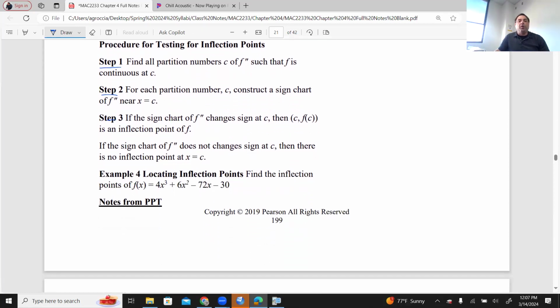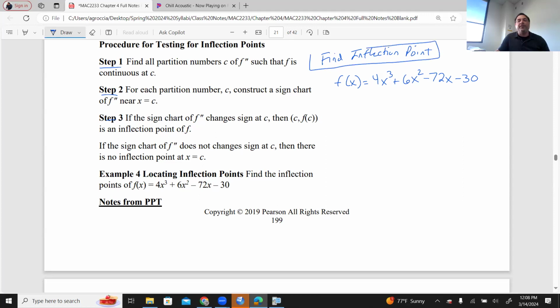Okay. So here is your function: 4x to the 3rd plus 6x squared minus 72x minus 30. And the instructions are find the inflection point. So to find the inflection point, one more time, you need to take the second derivative, set it equal to 0, solve for x.